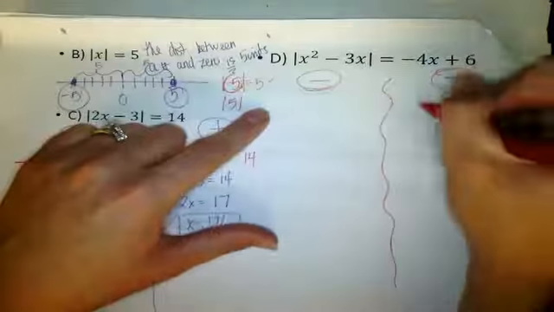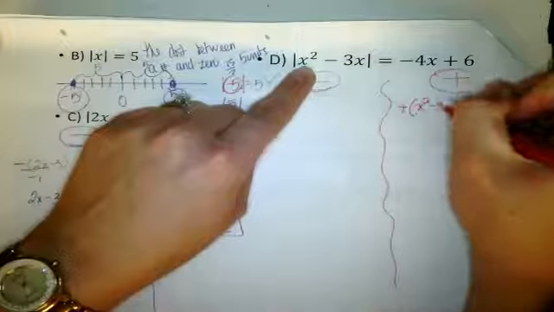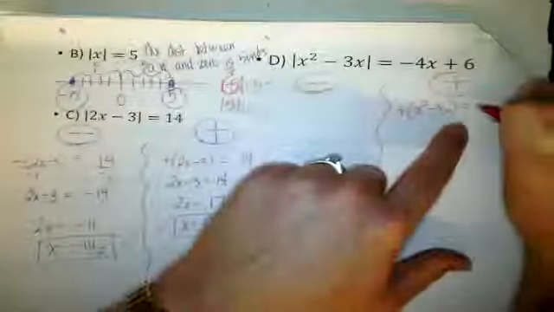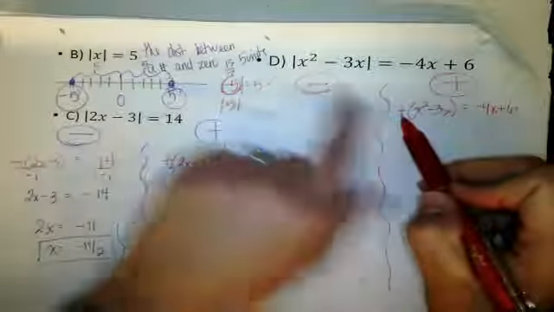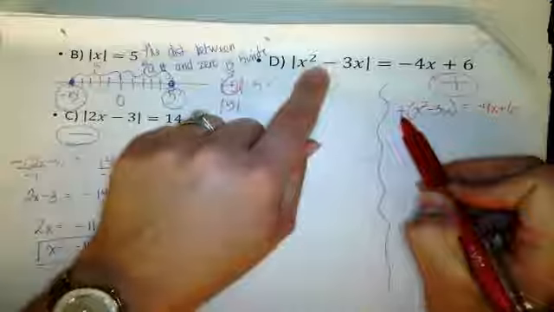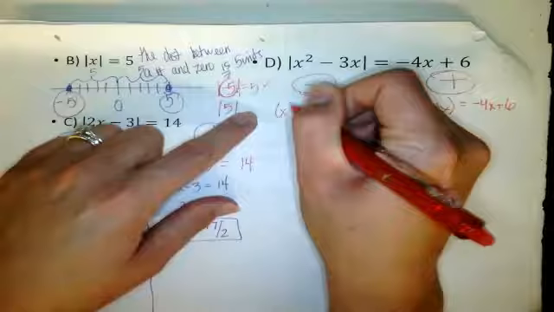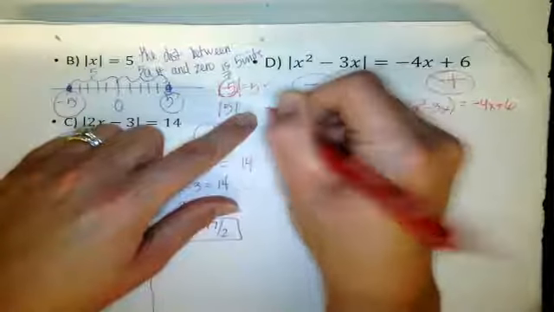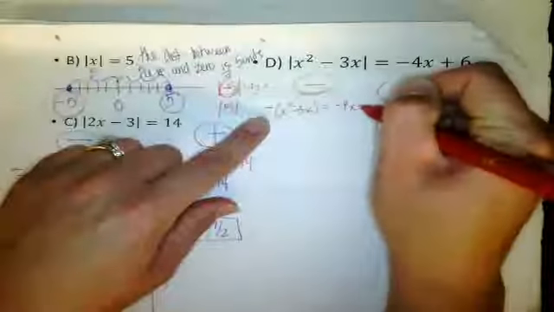So my first equation says, hey, that inside, x squared minus 3x, could have been positive. All I'm doing is putting the positive in front of whatever was inside the absolute value. Or that inside stuff, x squared minus 3x, could have been negative. And so that is the only change.